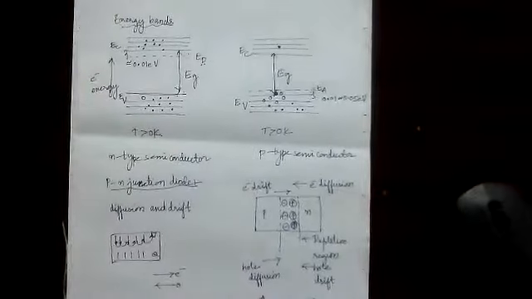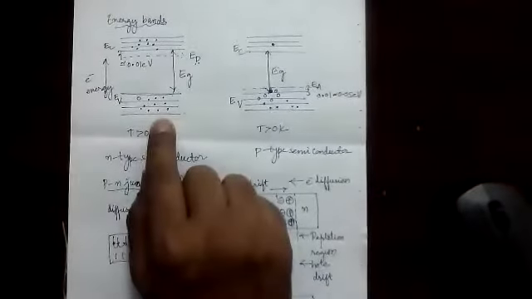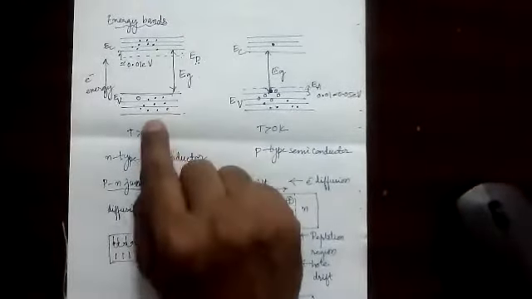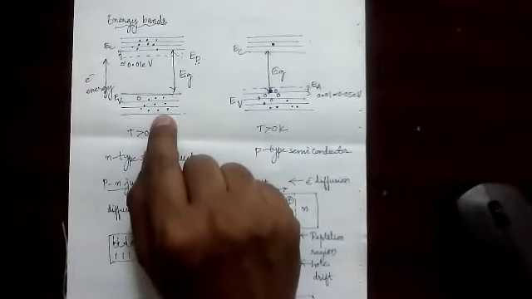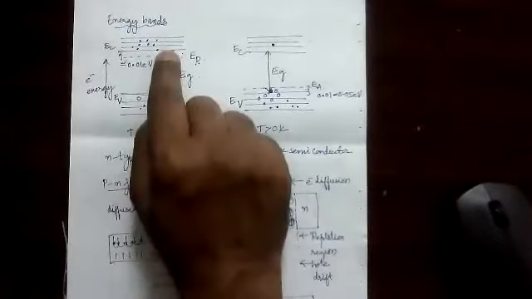Now, going to the next one. See, these are the energy levels. These are the electrons, and this is the valence band and this is the conduction band.